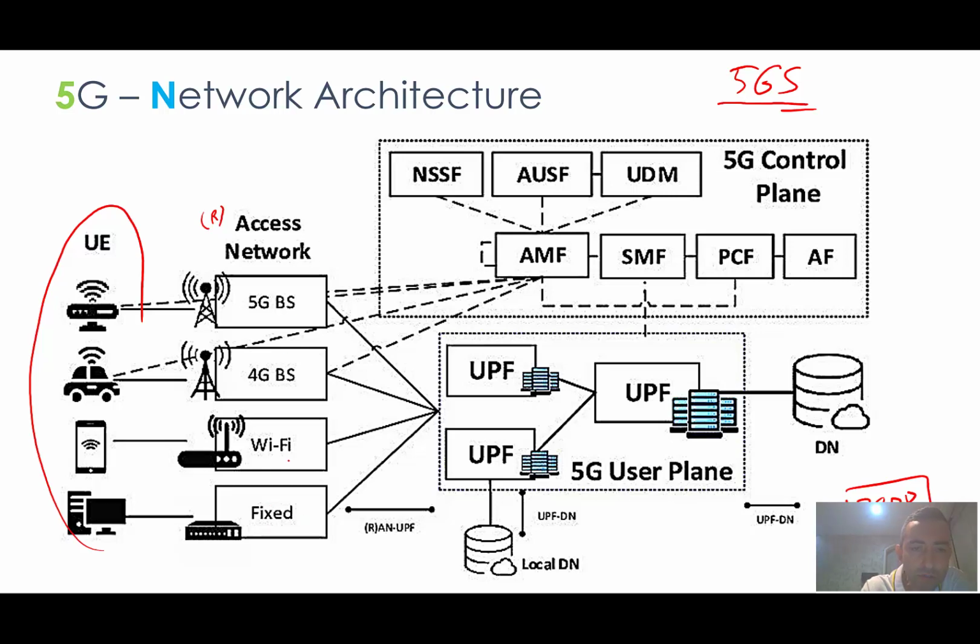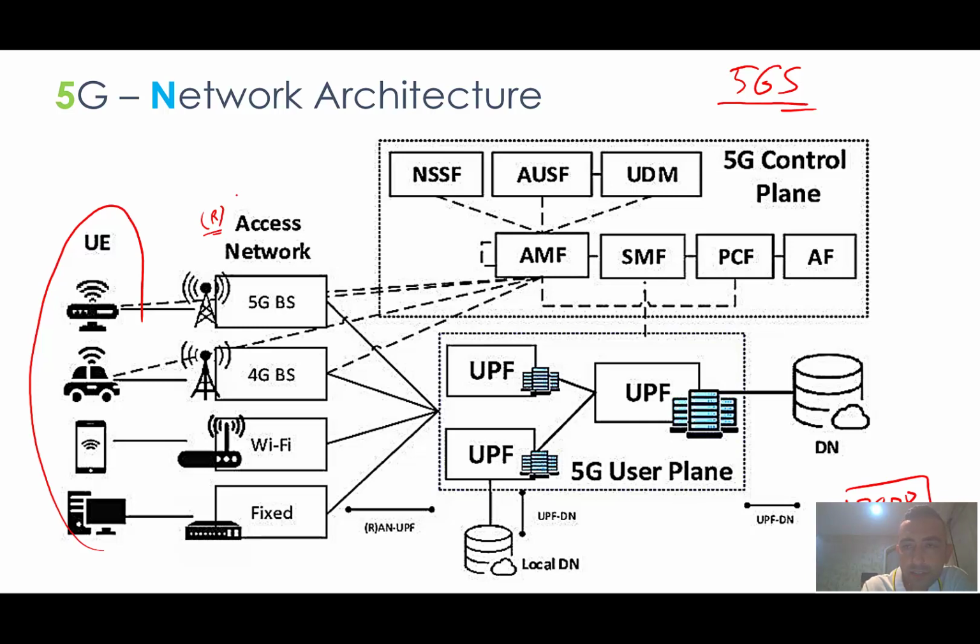You can see here fixed Wi-Fi, and because of this, in this generation, and I think maybe in the later generations, the standard engineers and researchers have removed the R in the beginning of access network, which means radio.